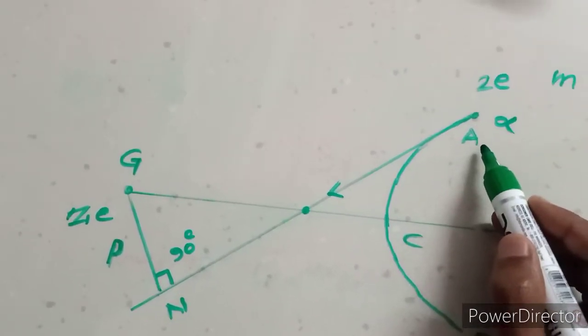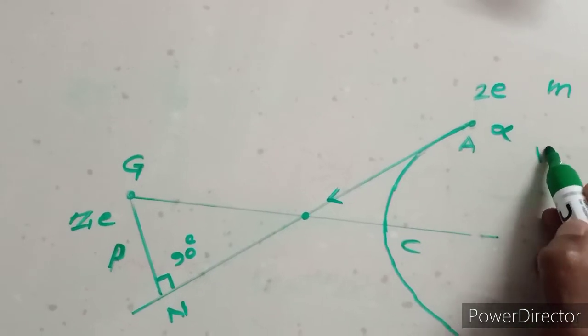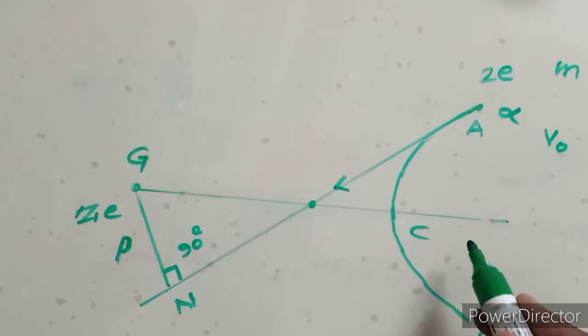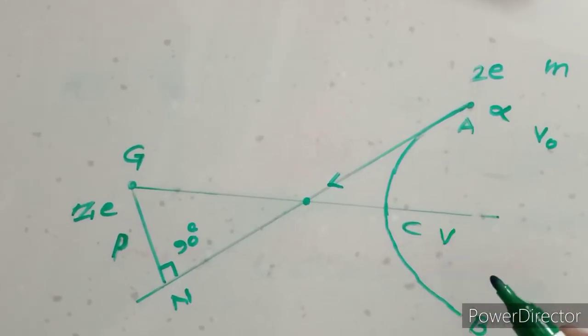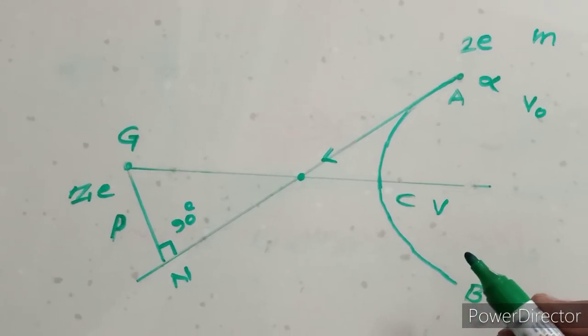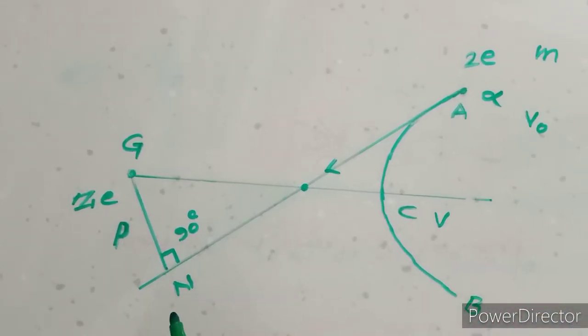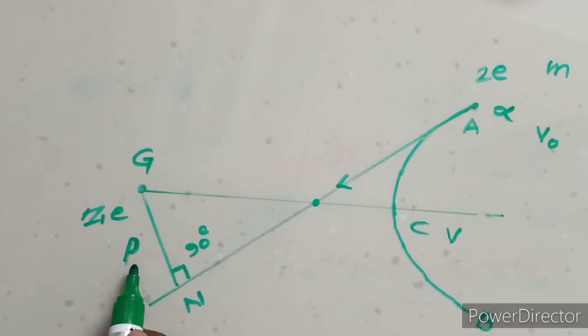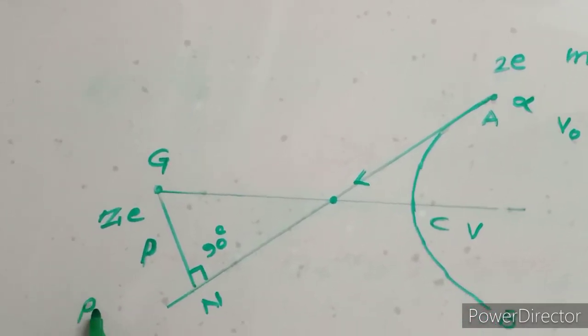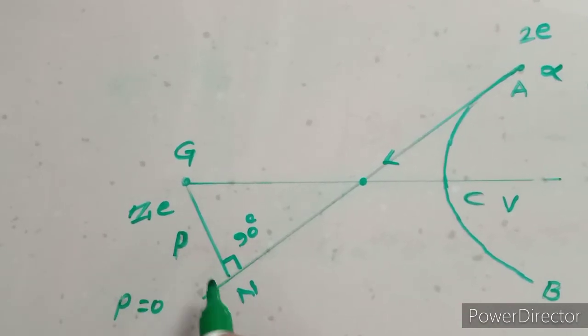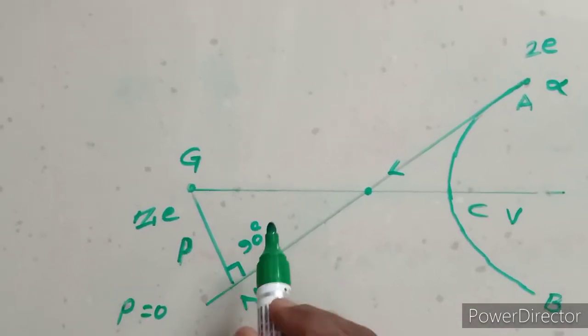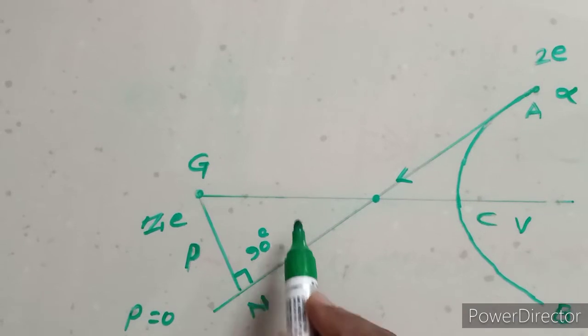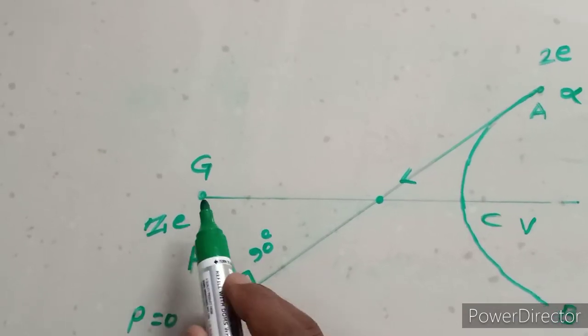The mass of the alpha particle is m. At point A, the velocity of the alpha particle is v0. At point C, the velocity of the alpha particle is v. Here is a special condition: there is no impact parameter, meaning p equals 0. Then this line and this line coincide.